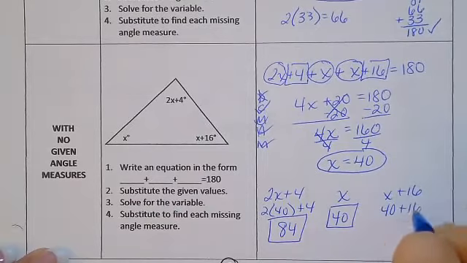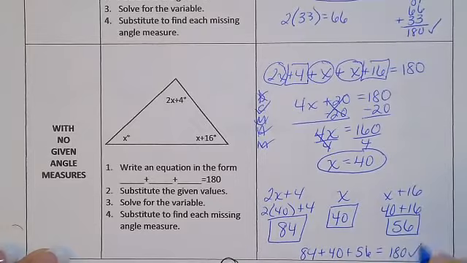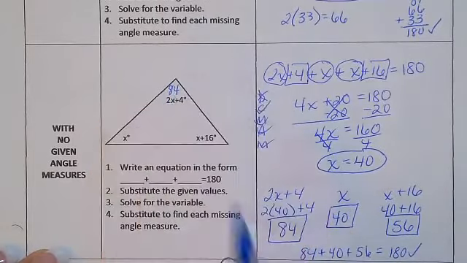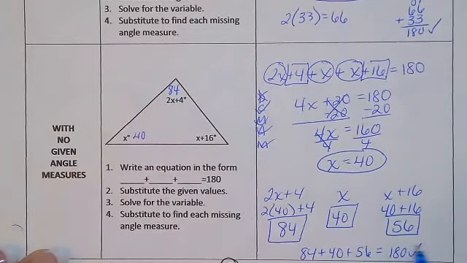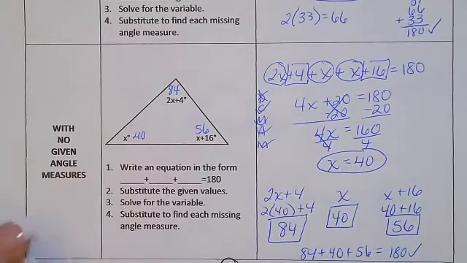So 40 plus 16 is 56. So let's make sure. We're going to add 84 plus 40 plus 56, and I get 180. Okay, so that means that this is 84 degrees, this is 40, and this one is 56.